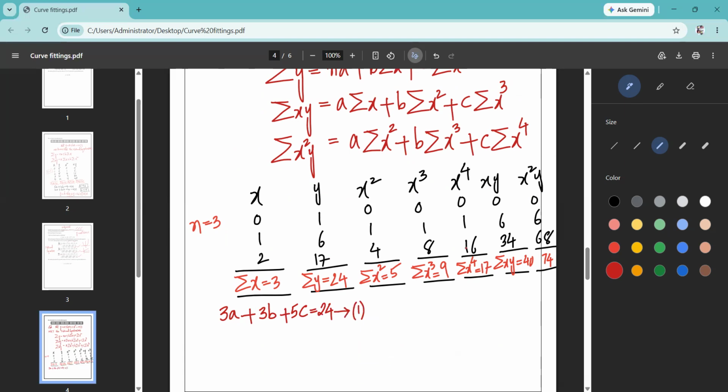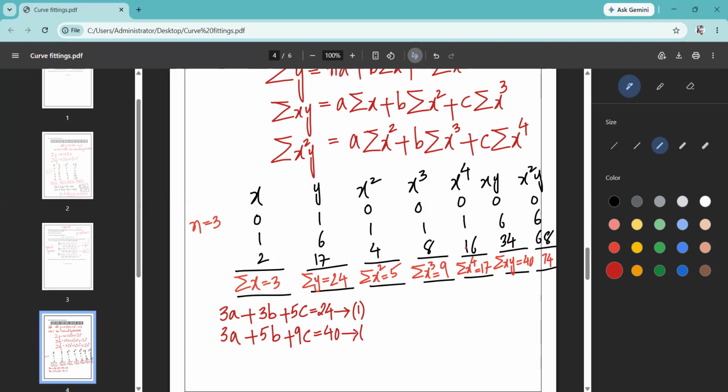Next, if you plug in, you will get 3a plus 5b. Here I am substituting: summation x is 3, x square is 5, and next x cube is 9c, which is equal to summation xy value, 40.